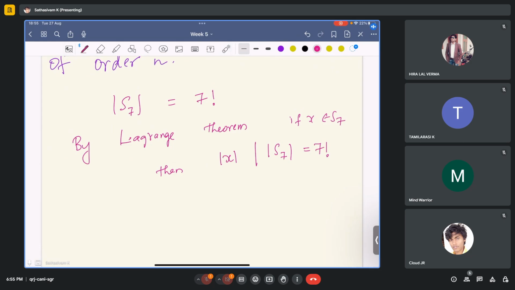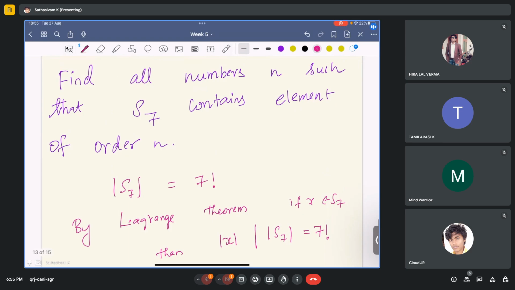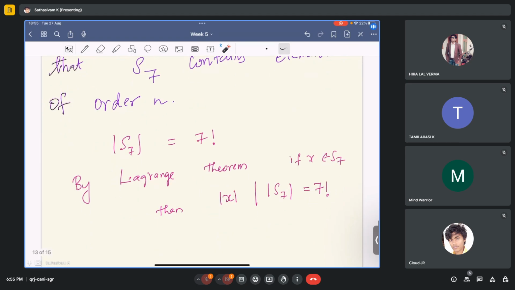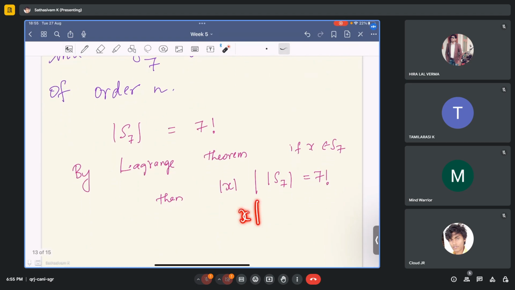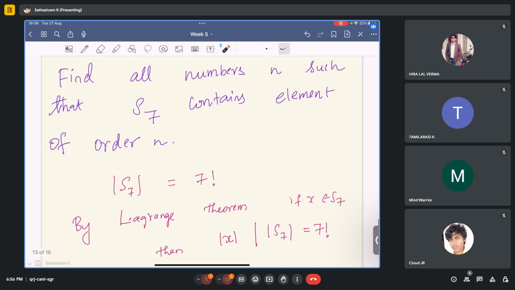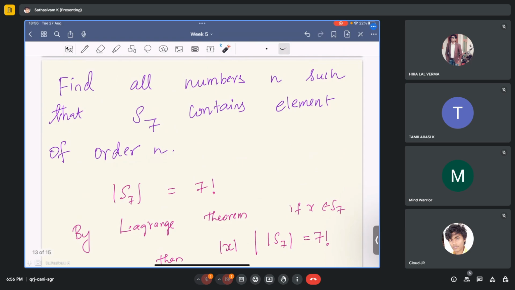But the question is, it divides 7 factorial, but that does not mean it can be any of the factors, right? In general, the converse of the Lagrange theorem is not true. If you have an n that divides 7 factorial, there does not always exist an element x whose order is n. So the question is, what are the orders n for which there is an element of order n? So that is the question.